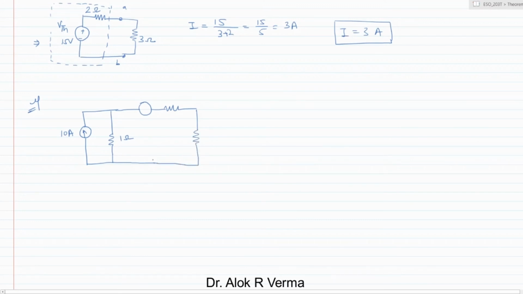This is the circuit. Now assume this is the 2 volt, 1 ohm and 2 ohm. So this is the question. What is the question? Determine the voltage across the 2 ohm resistor.